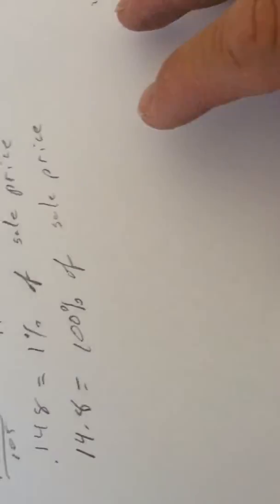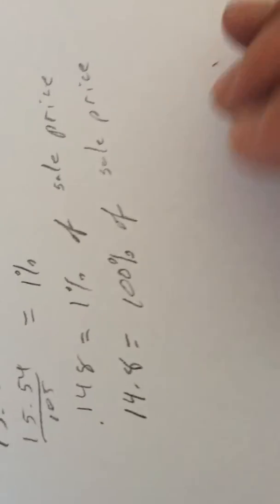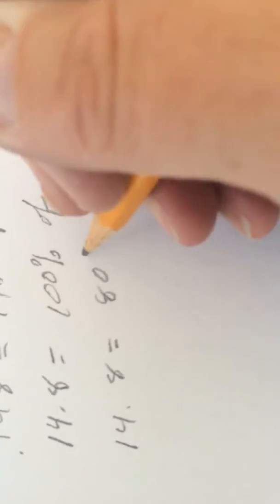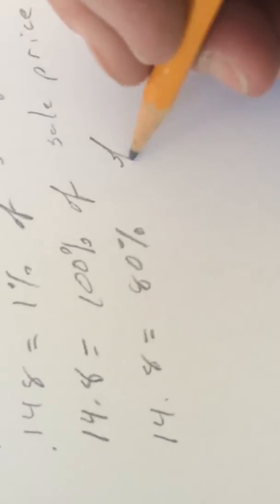I'm going to hold my phone a little differently for a minute. Okay, so if $14.80 is 100% of the sale price, and we knew that the sale price was 80% of the original, we can say then that $14.80 is equal to 80% of the original price.